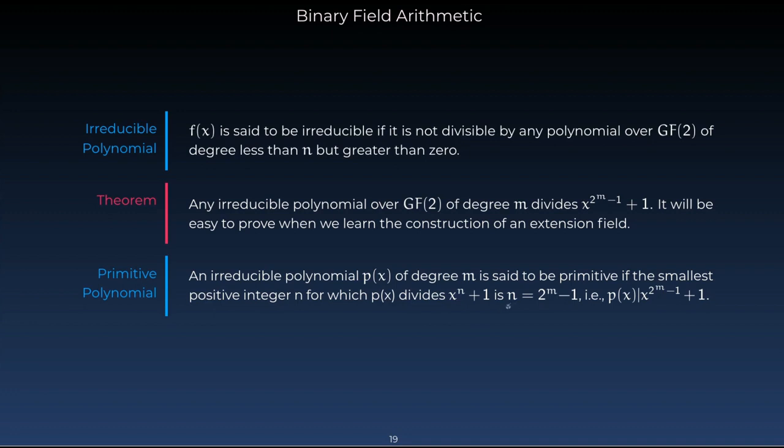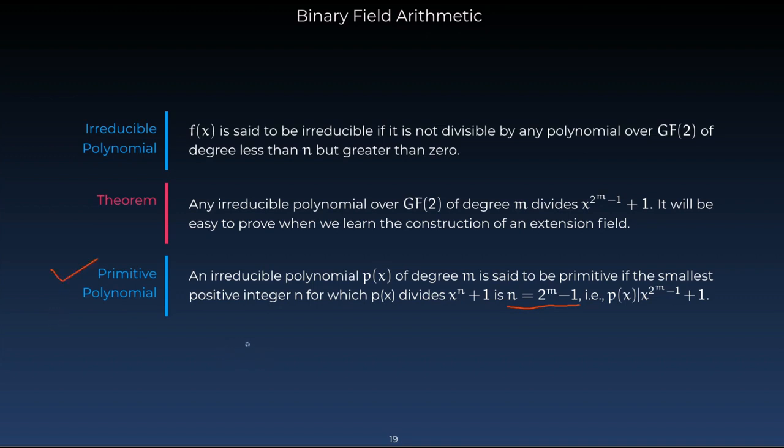We have already seen that any irreducible polynomial of degree m should divide x to the power 2^m minus 1, plus 1. Other than this, it should not divide any polynomial of this form with degree less than 2^m minus 1. Then this polynomial is going to be called a primitive polynomial.